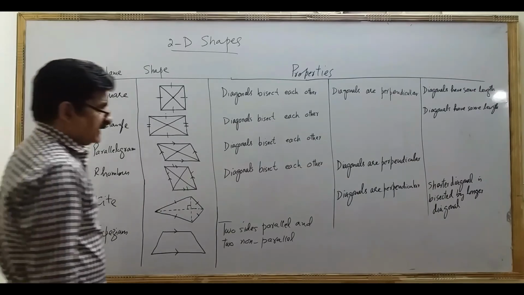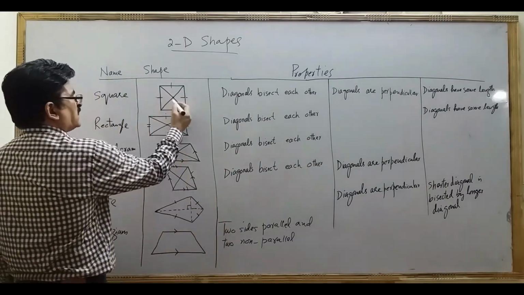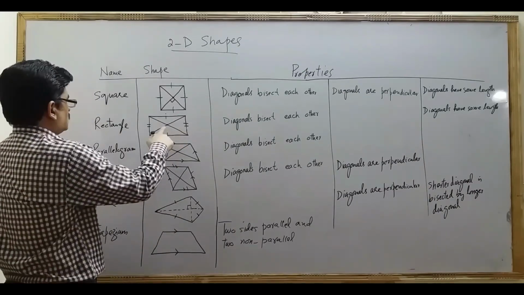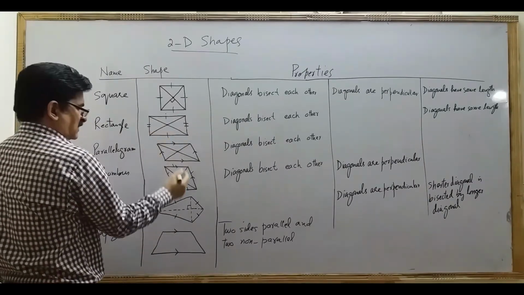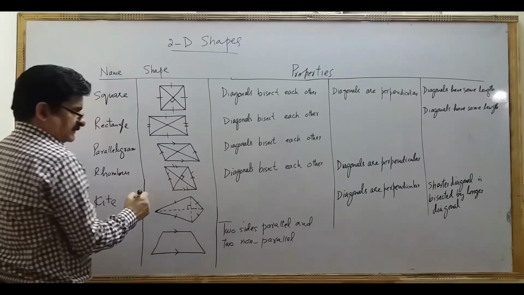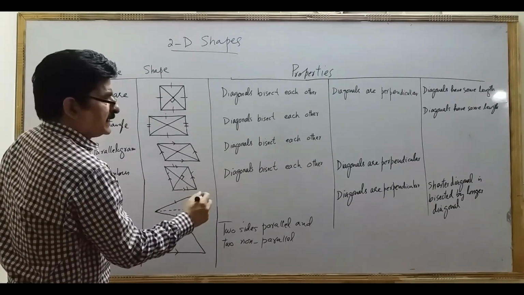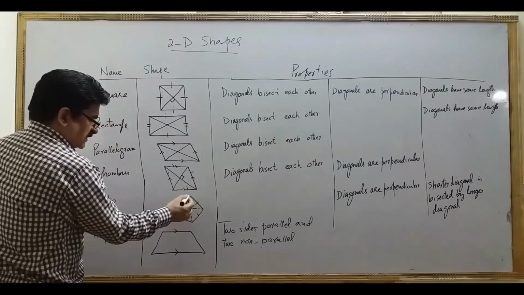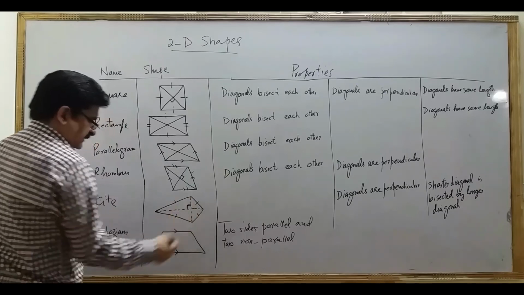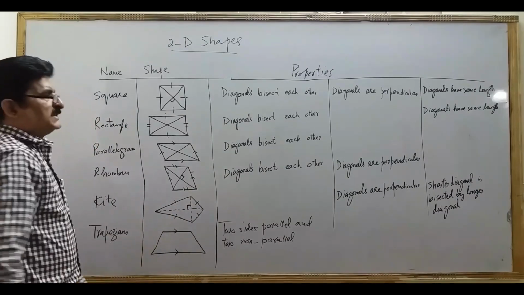The second property is that in square the diagonals are perpendicular, but not in rectangle, not in parallelogram. In rhombus also these diagonals are perpendicular. And in kite again the diagonals this and this are perpendicular, and not in trapezium.